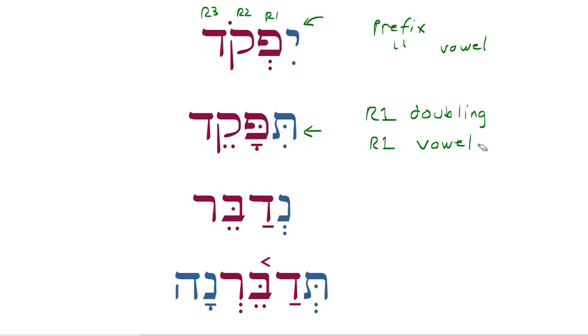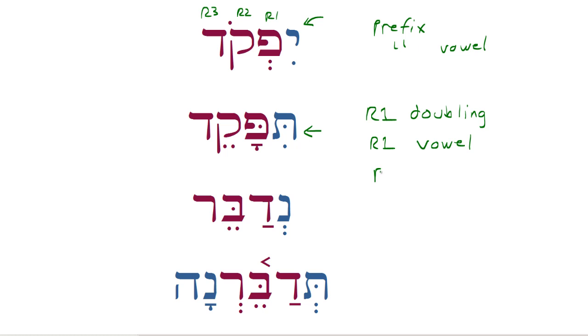And when we talk about the R1 vowel, we include the possibility that it could be a silent shewa. It's just easier than always saying the R1 vowel or silent shewa. We just call it the R1 vowel, and we acknowledge the possibility that it could be a silent shewa. Notice that in this second case, the R1 vowel is a qamets. It's a full vowel.